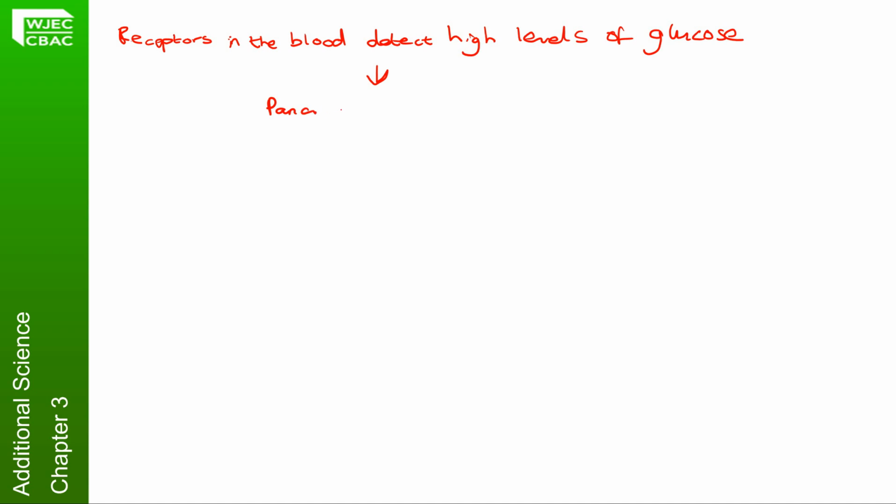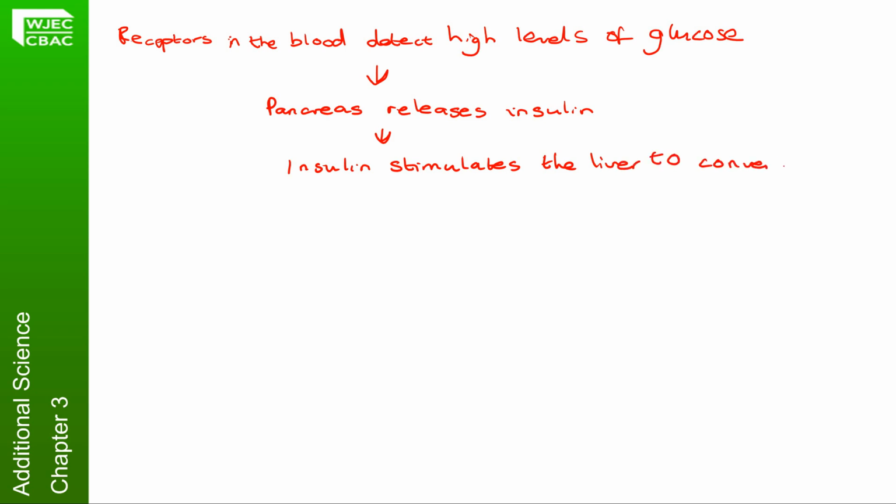The pancreas releases insulin. Then insulin stimulates the liver to convert glucose into glycogen.